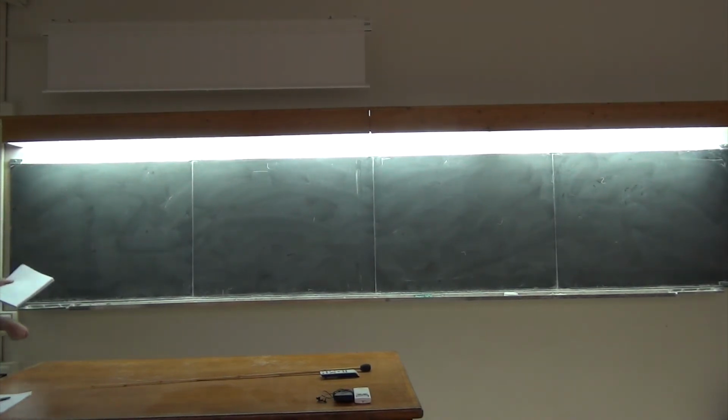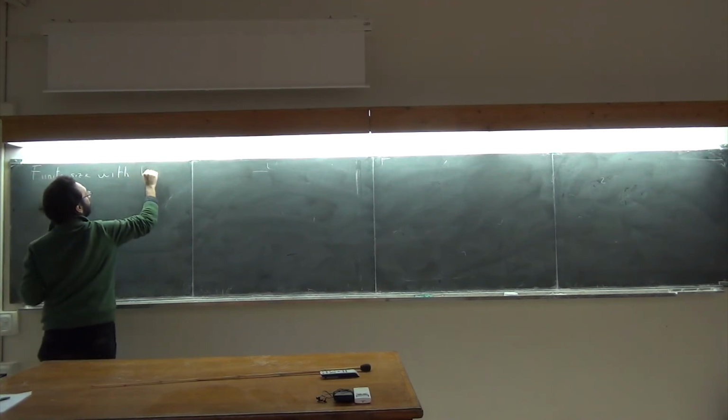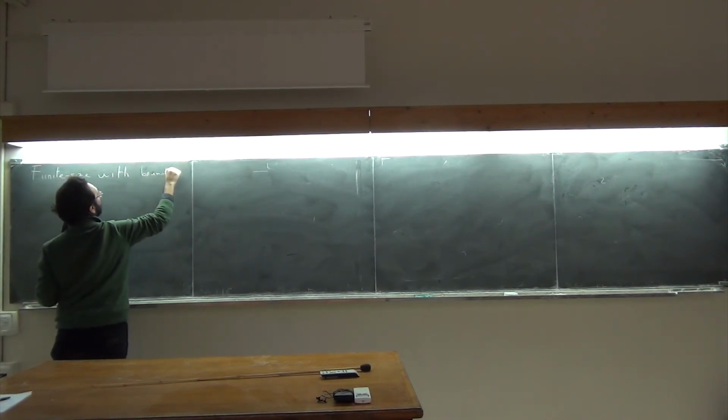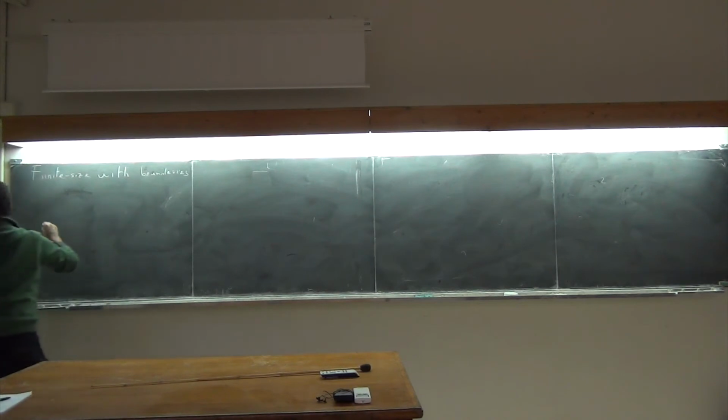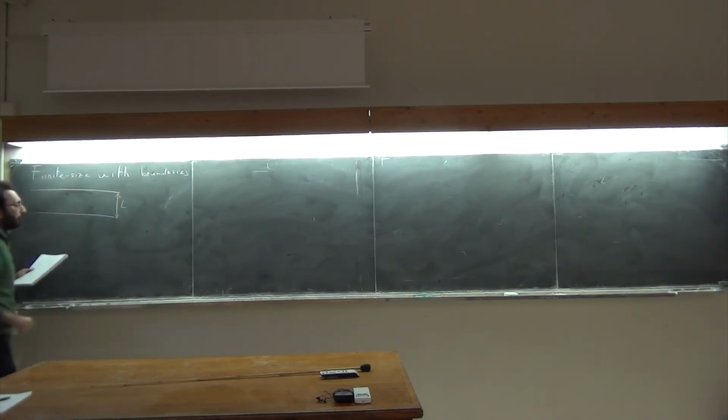I want to spend also 2 minutes to say what happens in finite size, finite size with boundaries. In this case, always drawing in this way, this is the full dimension of the system, big L, like the spins of before.